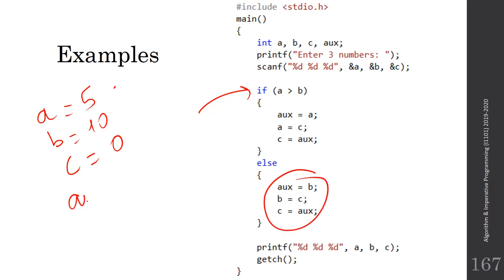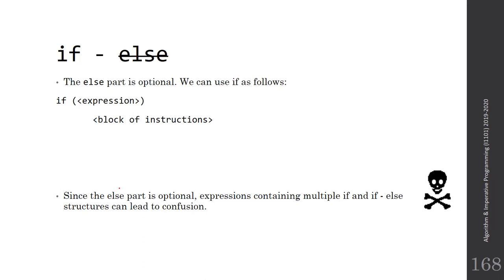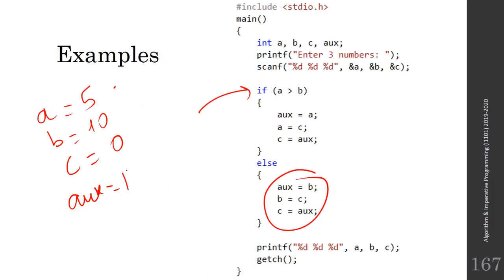So in auxiliary, I will put the value of b, which is equal to 10 for now. In b, I will put the value of c, so the last value of c is equal to 0, and in c, I will put the value of 10. So at the end we have a equal to 5, b equal to 0, and c equal to 10.